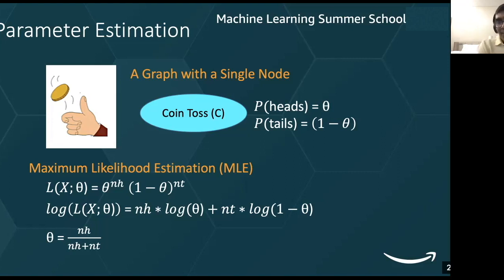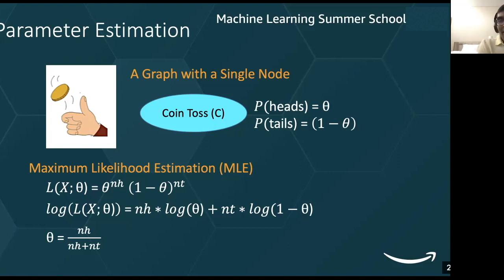This is also a very simplistic example of a Bayesian network. Let this particular node be a coin toss, where the probability of heads is represented by theta, and the probability of tails is 1 minus theta, right? So now how would you estimate this particular theta? Theta is the parameter of interest that we are yet unaware of and would like to estimate.